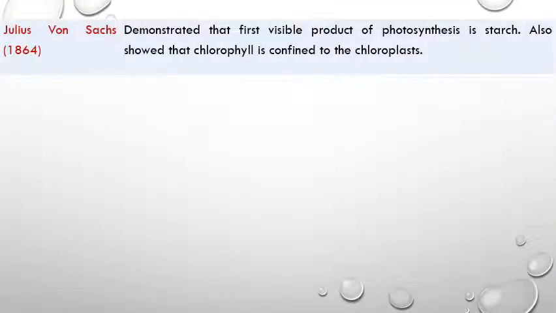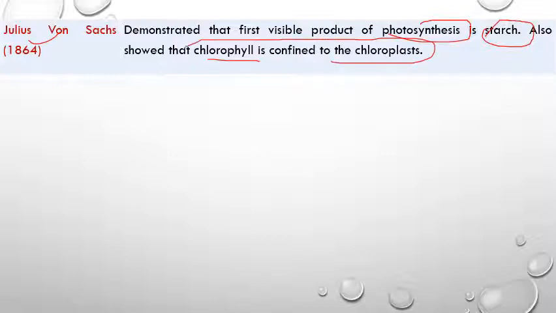Next scientist was Julius von Sachs. He demonstrated that the visible product of photosynthesis is starch. So starch is the reserve food material in plants, and he showed that chlorophyll is confined to the chloroplasts. So chlorophyll is contained only inside the chloroplast.